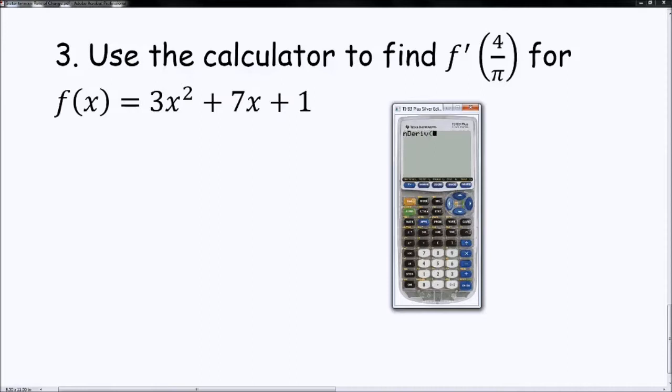This is a function on your calculator that allows it to find the derivative at a certain point for you. The first input is your function, so we're going to do 3x squared plus 7x plus 1. Next to the parentheses, you'll notice a comma, and then you need to let the calculator know what your variable is.